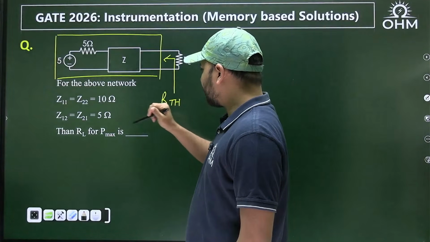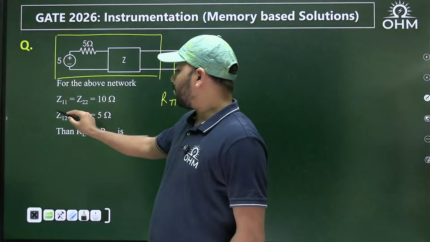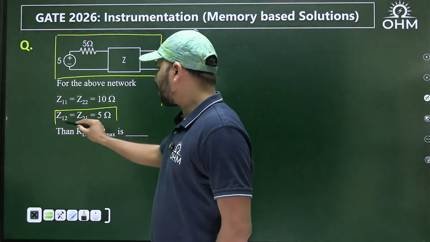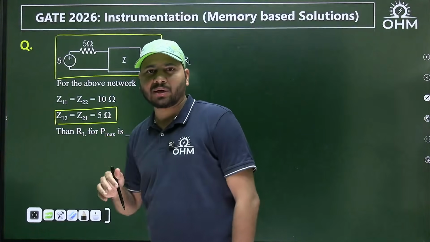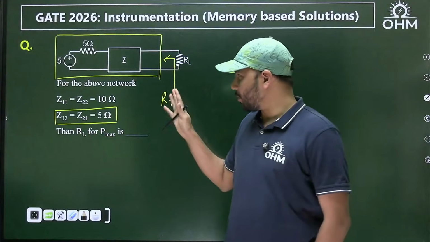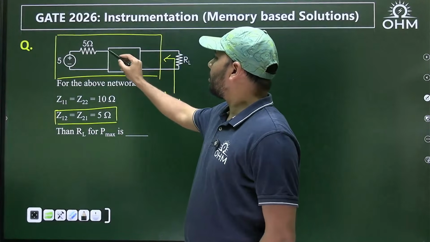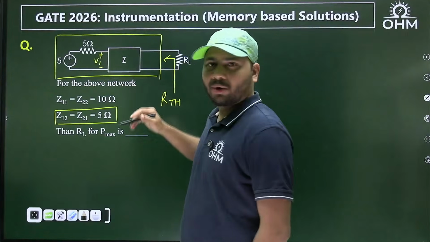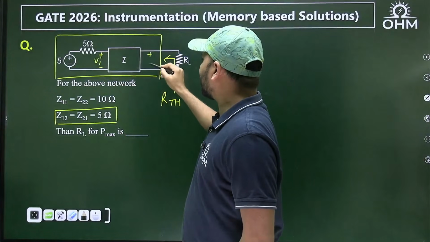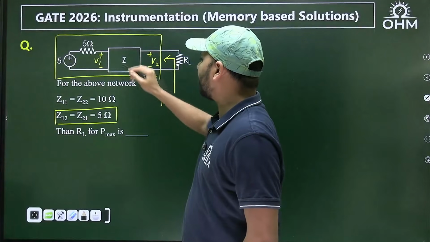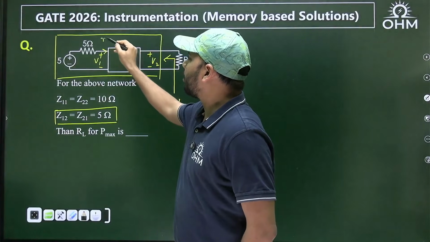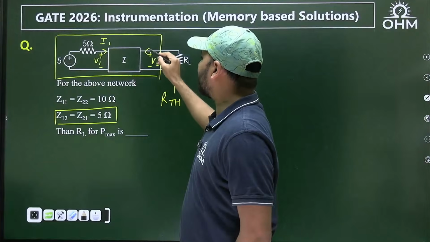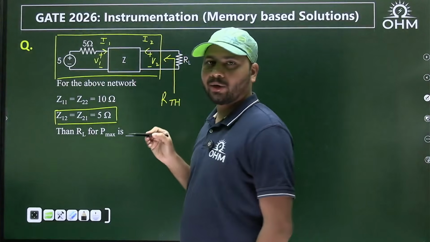if you observe, Z12 is equal to Z21, which is the condition for reciprocity. One thing that we can do is call the voltage across port 1 V1, the voltage across port 2 V2, the current at port 1 I1, and the current at port 2 I2.